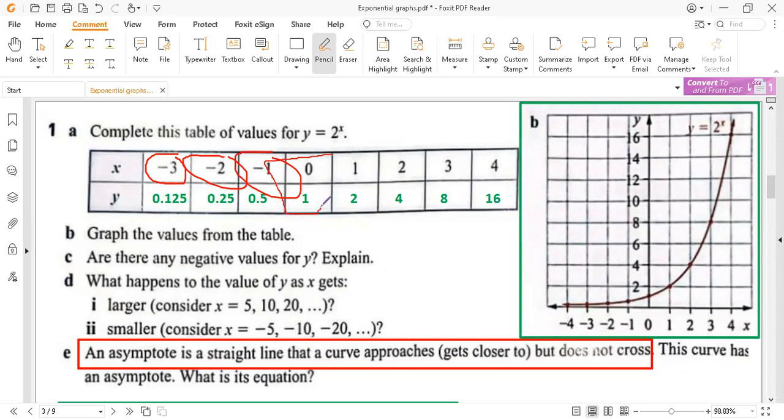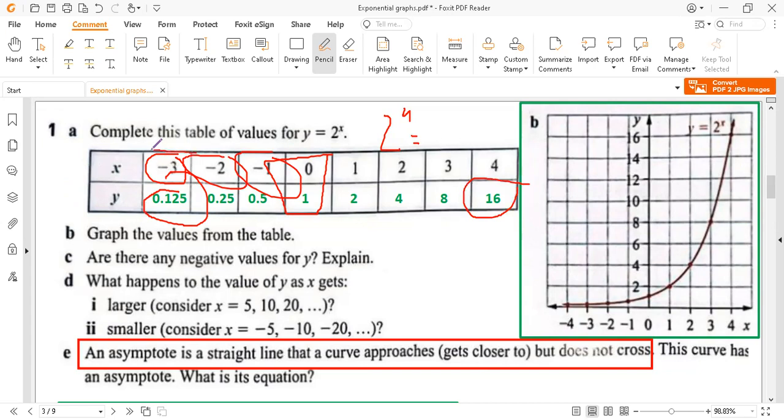And as I mentioned before, when x equal to 0, we have 2 power 0, which is 1. So when x equal to -3, we can use the calculator to calculate the corresponding ordinate, 0.125. For x equal to -2, 0.25 is the image, and so on. When x equal to 4, we have 2 power 4, which is 2 by 2 by 2 by 2, so we obtain 16.